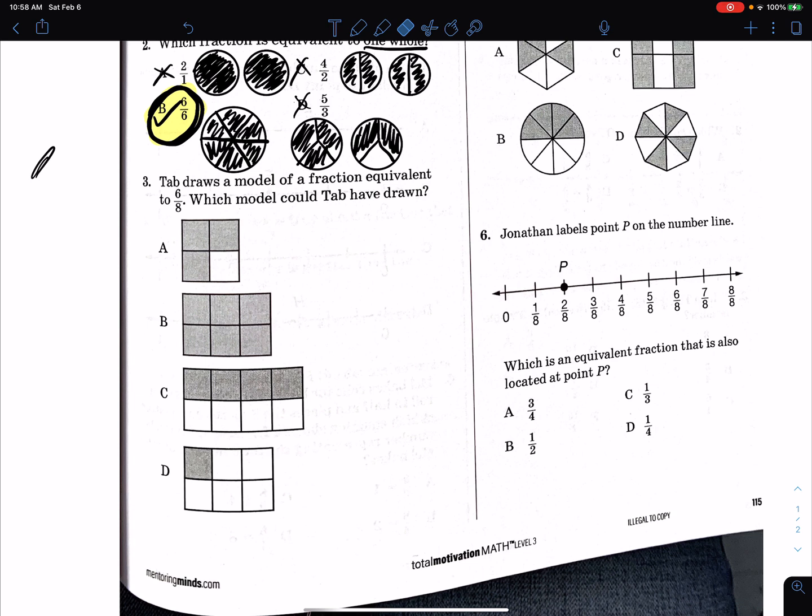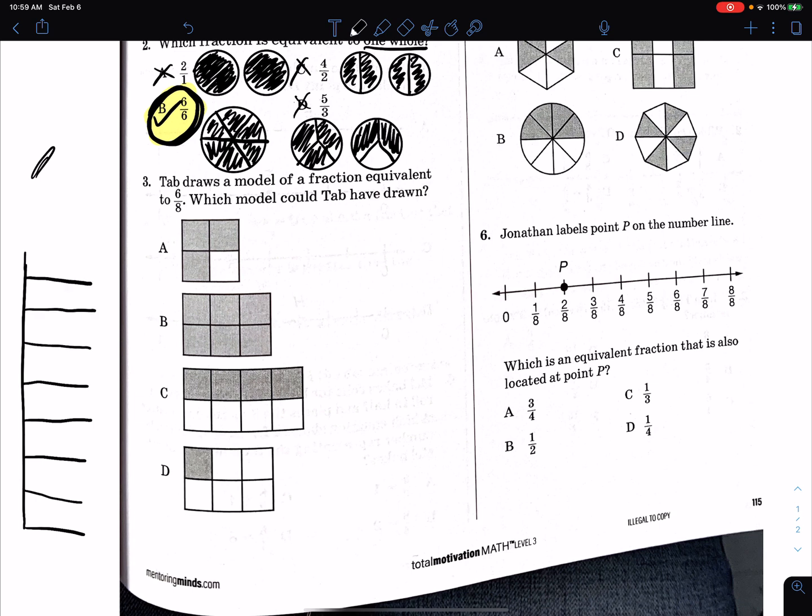So 6/8, okay, well, I know that I'm going to use a rectangle, and I'm going to have to turn it to the side just to have it long enough. So 1, 2, 3, 4, 5, 6, 7, and 8. Alright, 6/8. So we need to color in 6.